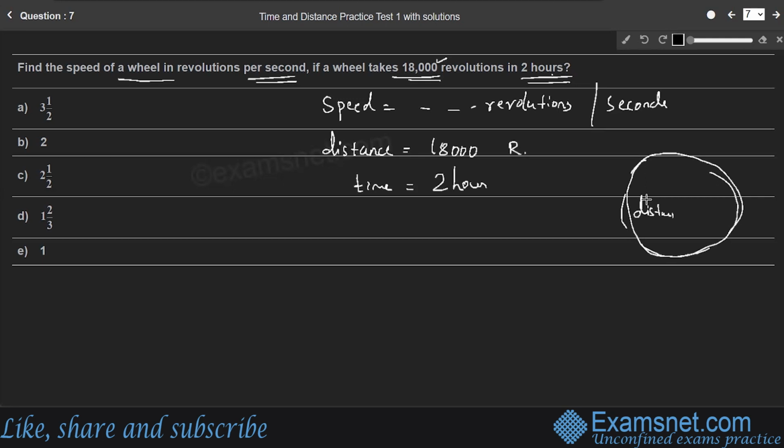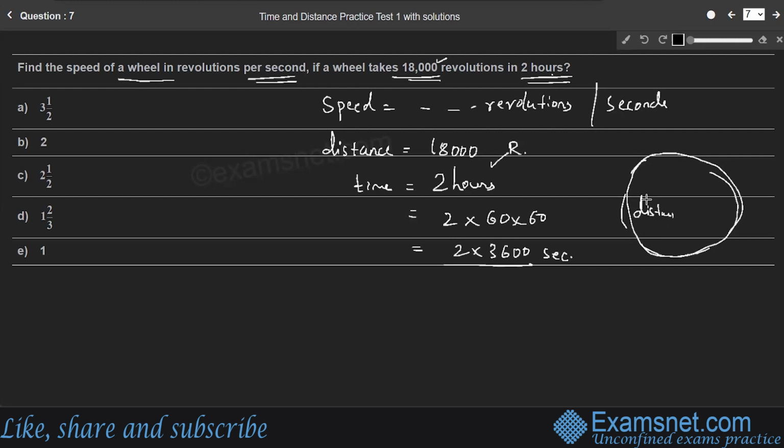So we'll express the time in seconds. 2 hours is 2 into 60 into 60 seconds, so 2 into 3,600 seconds. In this much time the wheel takes 18,000 revolutions.